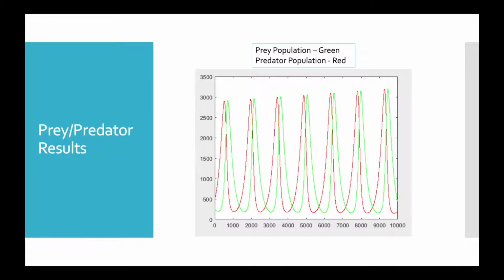So as the prey population increases, so does the predator population. But as the predator population is increasing, the prey population decreases, and so forth. And that happens throughout each occurrence, and they fluctuate proportionally depending on the increase and decrease of either the prey population or the predator population.